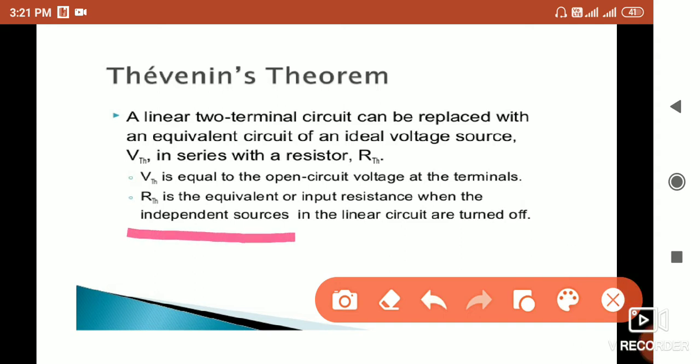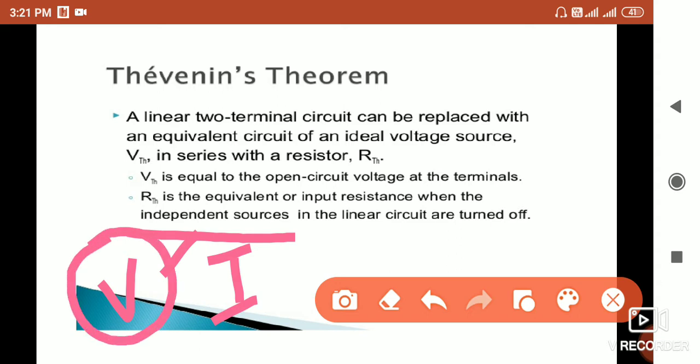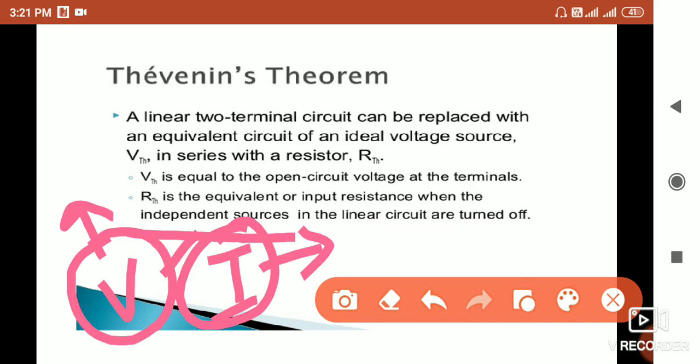So how to replace independent sources? First we clarify what an independent source is. An independent source may be either a voltage source or a current source. If it is a voltage source, then during calculation of RTH we should short circuit it, and if it is an ideal current source, then during calculation of RTH it should be open circuit.